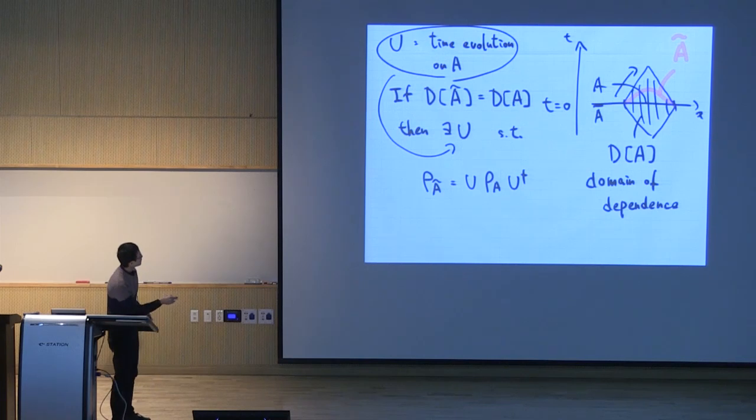What is important is that the choice of A is not so important, but the domain of dependence of A is important. Once you specify some space-time region, then everything that happens in that region can be described by some algebra associated with this domain of dependence.